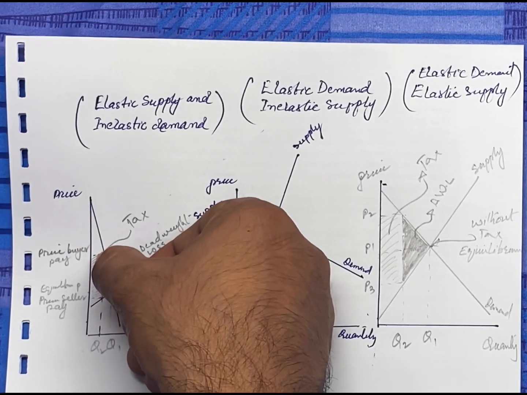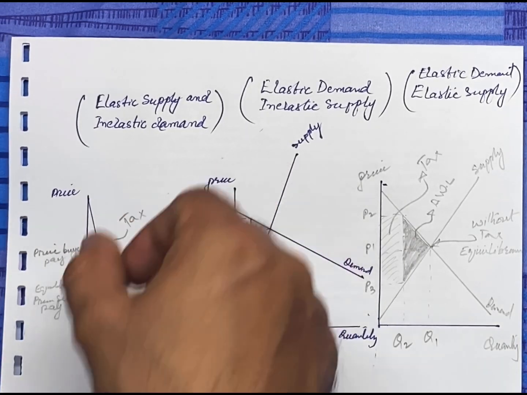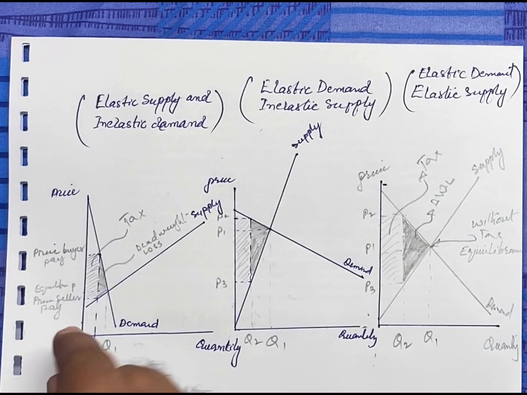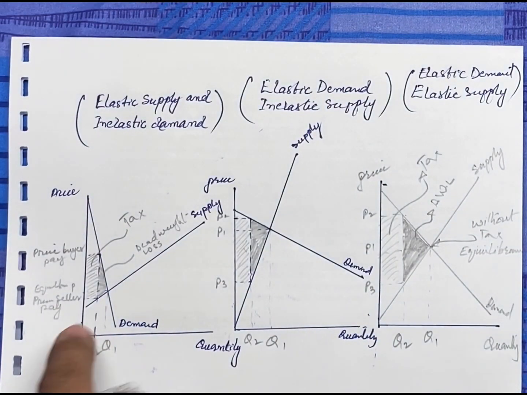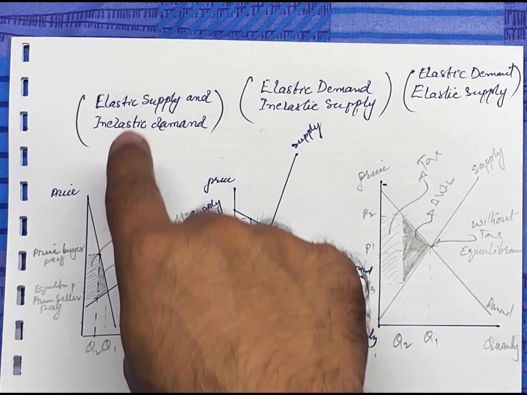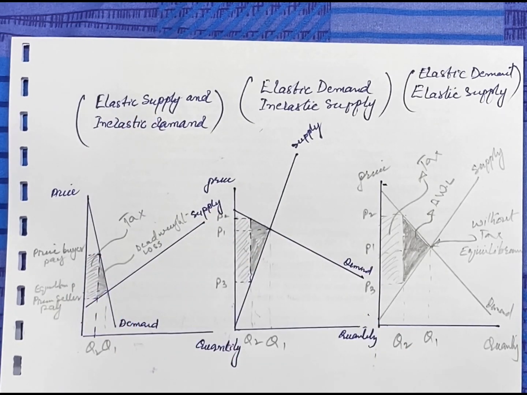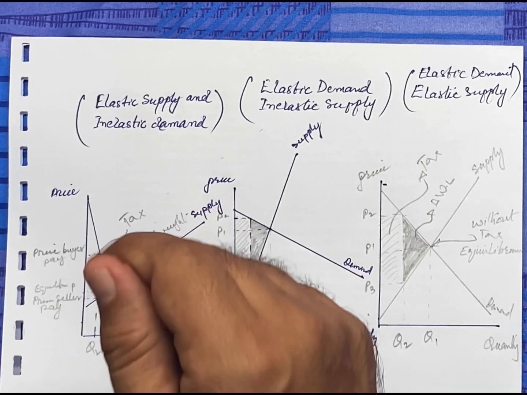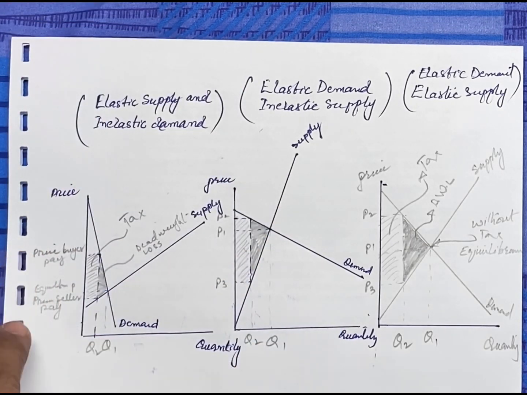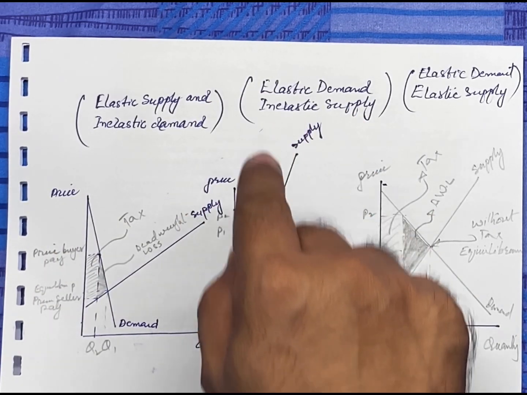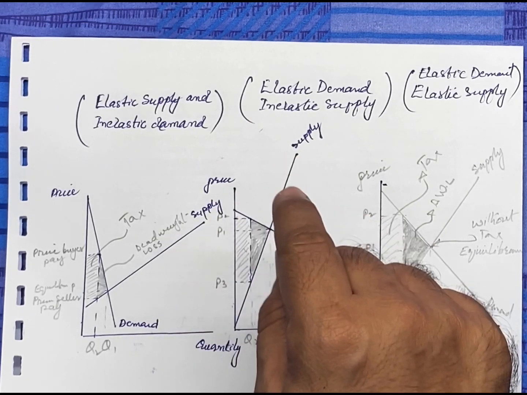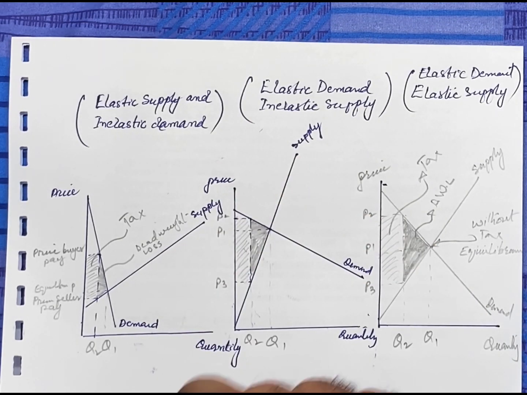So this portion again will be the tax revenue, but we can see more tax is imposed on the buyers compared to sellers, meaning that when supply is elastic and demand is inelastic, more tax burden will be on the seller, or sorry, the buyer.